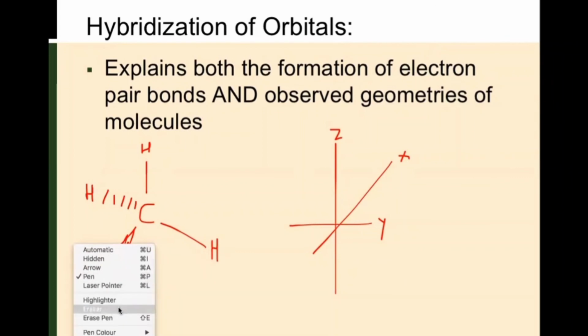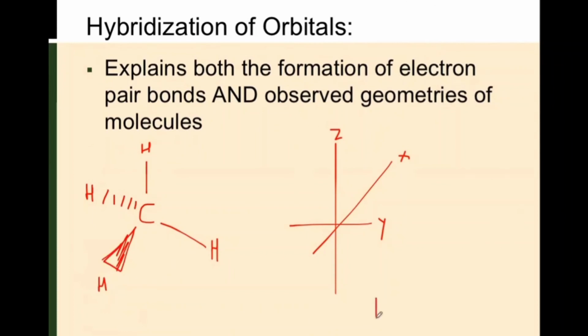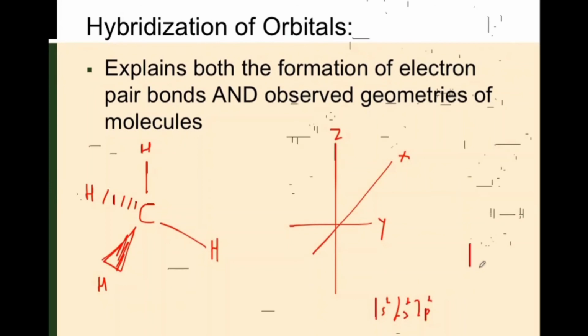If we think about carbon, what its valence is. Its total electron configuration is 1s2, 2s2, 2p2. That means first of all, it has 4 valence electrons, which means it can form up to 4 bonds from Lewis theory.